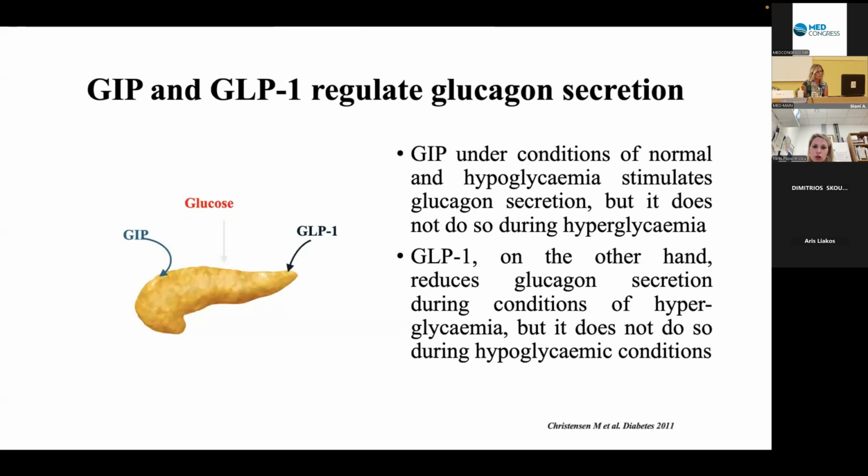As mentioned before, GIP under conditions of normal glucose and hypoglycemia stimulates glucagon secretion, but it does not do so during hyperglycemia. On the other hand, GLP-1 reduces glucagon secretion during conditions of hyperglycemia, but it does not do so during hypoglycemic conditions.